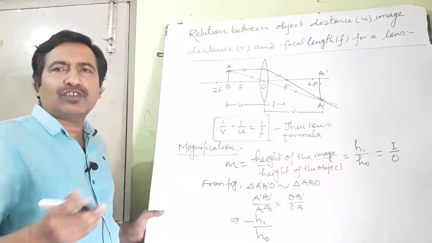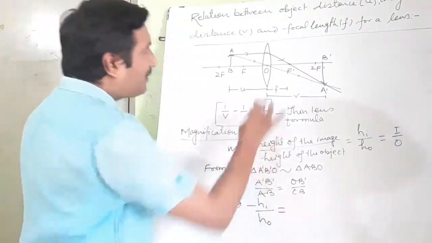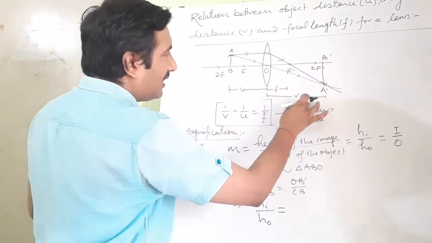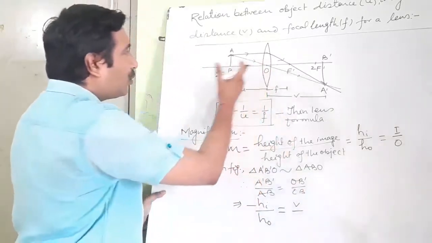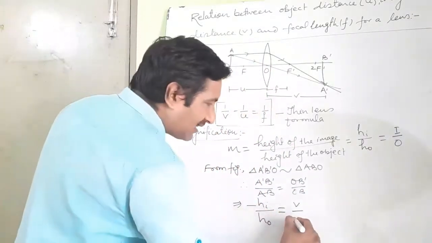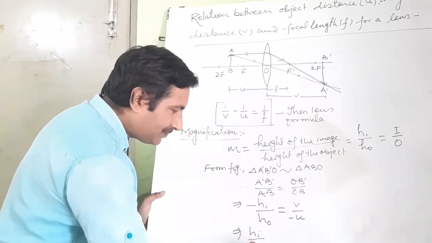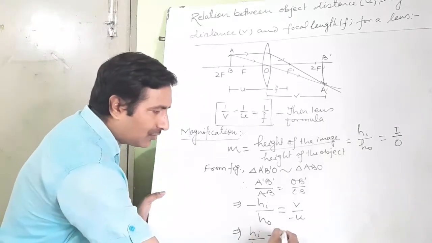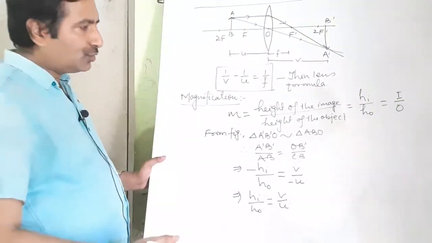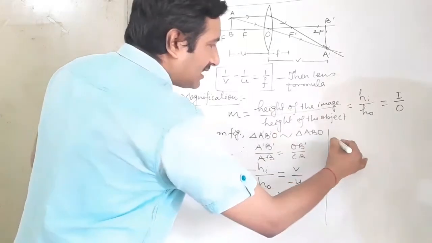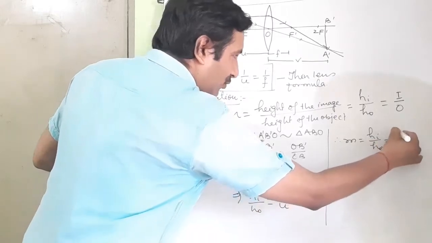You already know that we do not write positive sign anywhere, we write negative sign only. It is equal to OB dash. You see this OB dash is v, and it is in the direction of incident rays, so it is already positive v by, and OB is negative, so this is minus u, and from here you can write hi by ho is equal to v by u. hi by ho is equal to v by u, and here you know magnification m is equal to hi by ho, and it is equal to v by u.